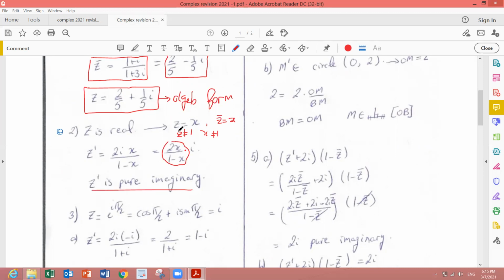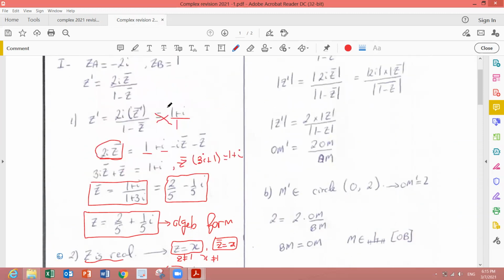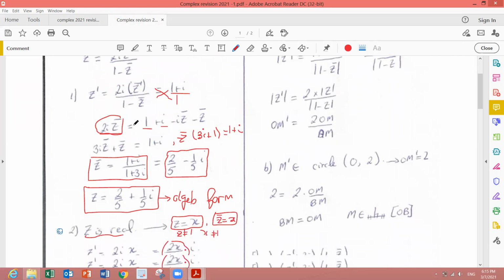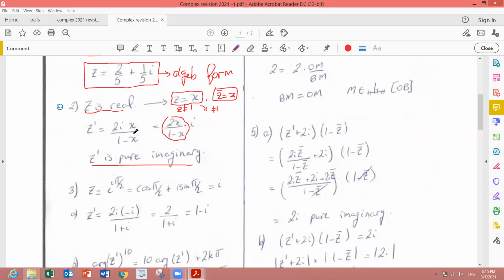So if Z is real, Z prime is pure imaginary. I will repeat. Z is real, Z equals x. Replace Z bar also by x in the given relation, and we get Z prime is pure imaginary because the real part is 0.